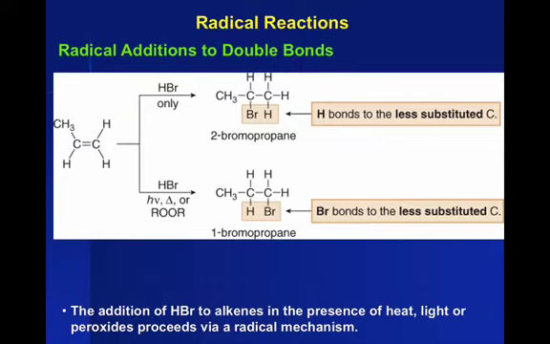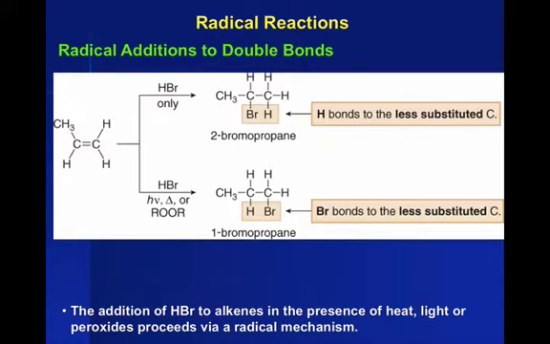The other thing that we need to talk about is addition of HBr across a carbon-carbon double bond. And you're thinking, well, we've already talked about that, right? If I take propene and I take HBr, I'm going to get 2-bromopropane, right? And it's going to follow Markovnikov's rule. That's absolutely true.